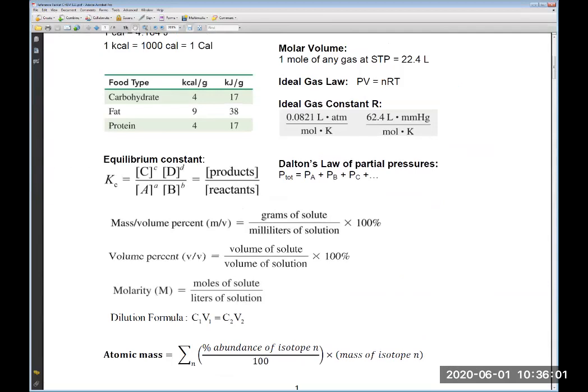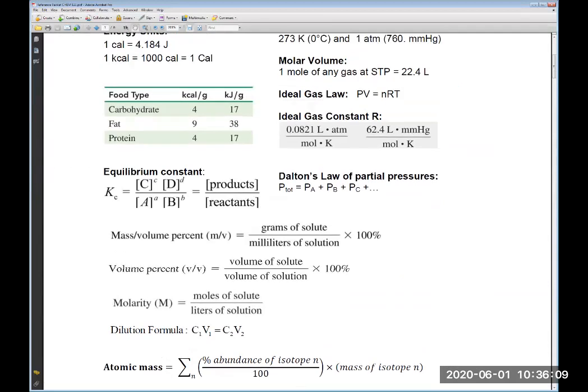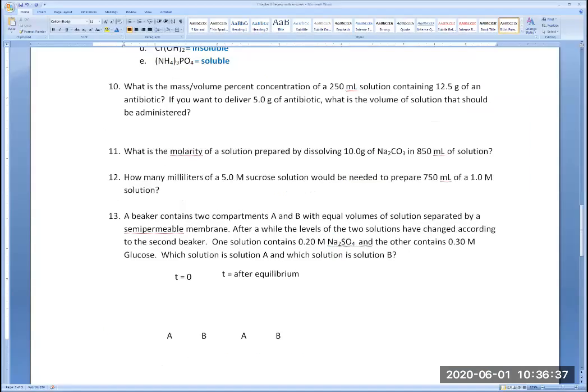You have several formulas to calculate the mass per volume percent of a solution, the volume percent, the molarity, and then the dilution formula. Those 4 formulas are for chapter 8. Right now we will use the mass per volume percent. I cannot copy that. Mass per volume percent is grams of solute over milliliters of solution times 100.